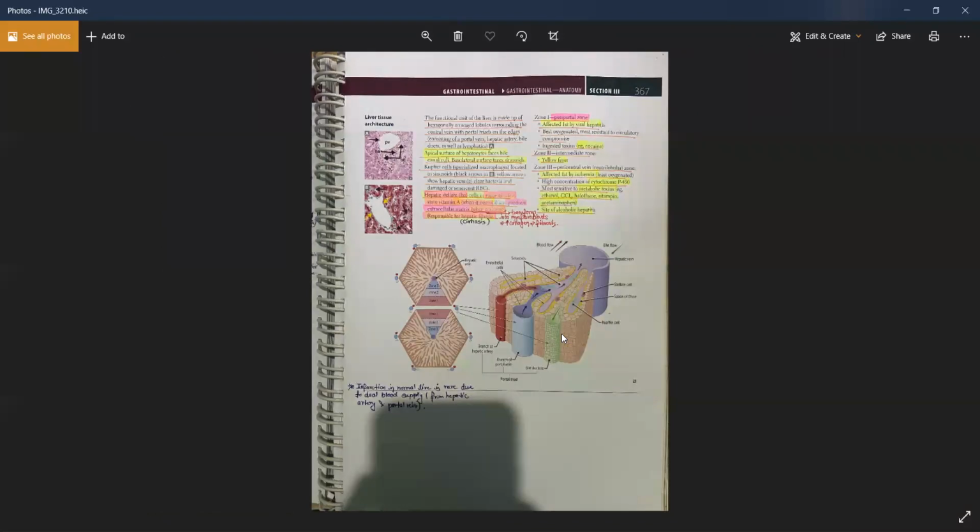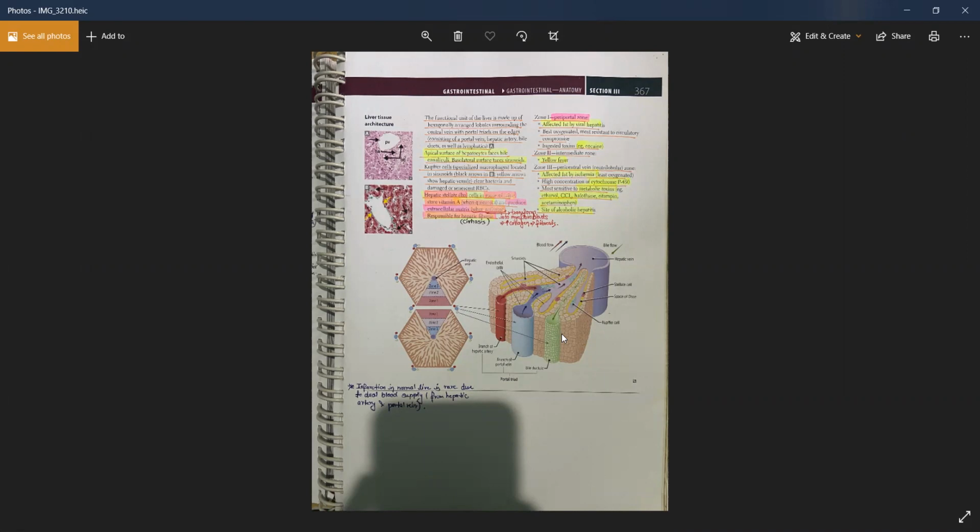Why do you have hepatitis A from the veins, but hepatitis B from the hepatic artery? What is the route of transmission of hepatitis A? Hepatitis A is ingested, fecal-oral, so it's coming in from your intestine. And where does it go from the intestine?